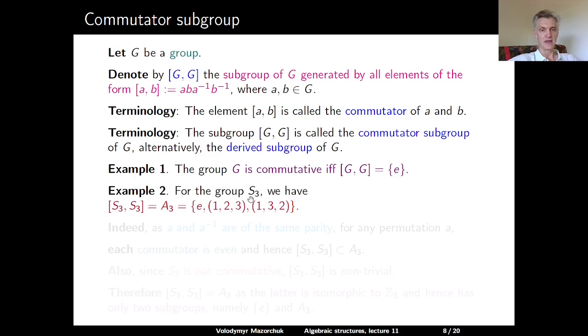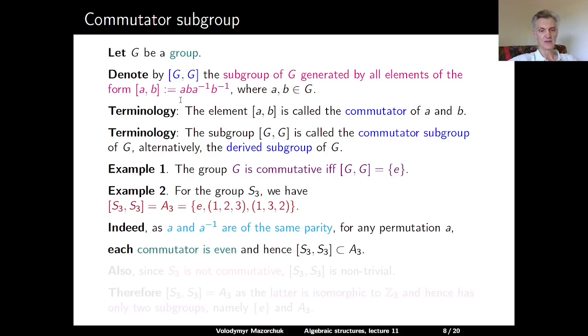Example 2, if we consider the symmetric group S3, then its commutator subgroup coincides with the group A3 of all even permutations on 3 elements, and there are 3 even permutations, the identity and the two 3-cycles. Indeed, since AB and A inverse B inverse have the same parity, the commutator of any pair of elements is an even permutation.